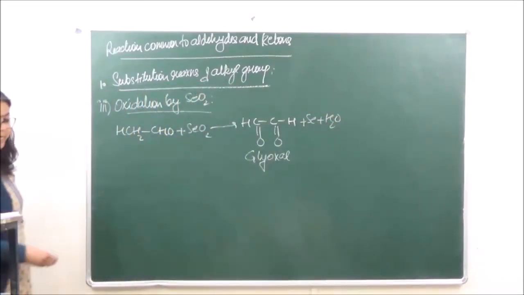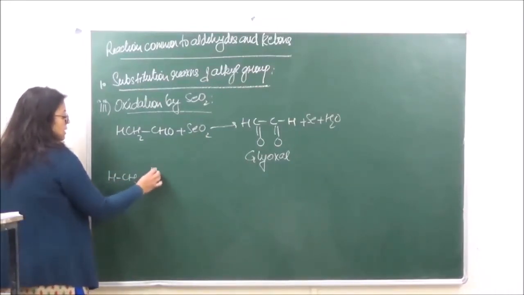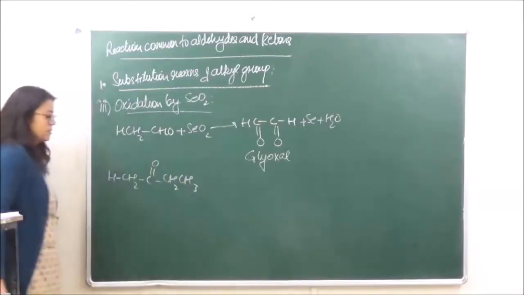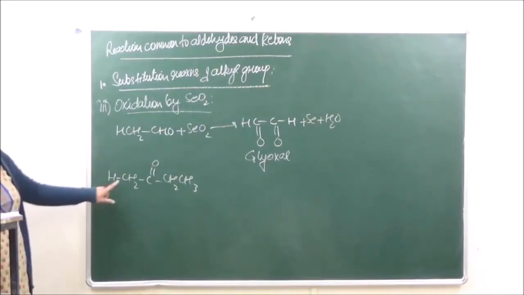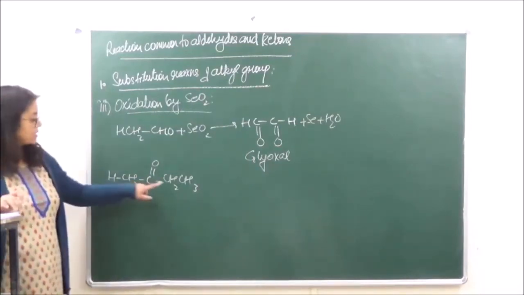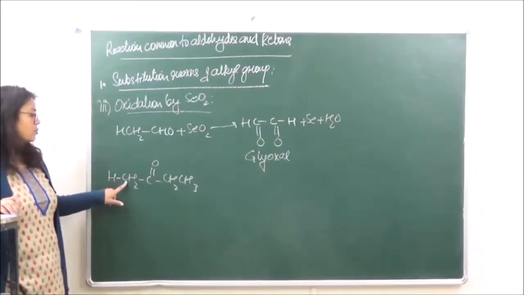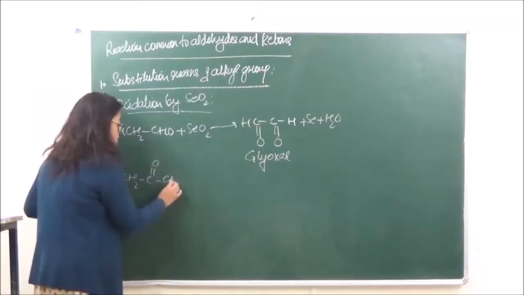Or if we are taking any compound of the type CH3, C double bond O, CH2, CH3, right? We are taking a ketone over here, so it is going to be this and this. It is this carbon atom which is going to get oxidized. So what are we going to get as a product over here?